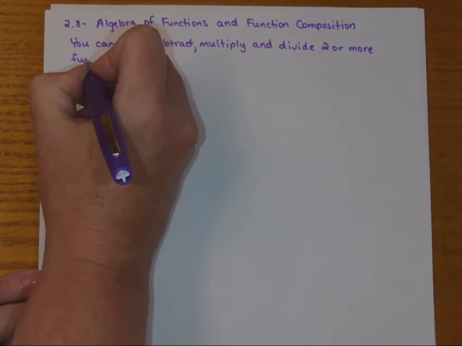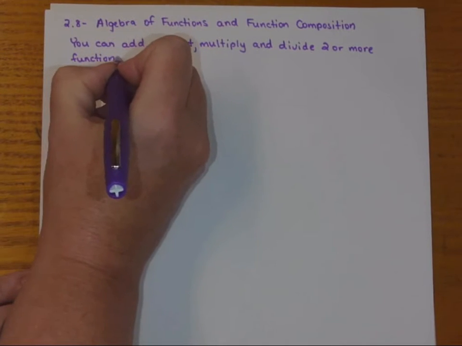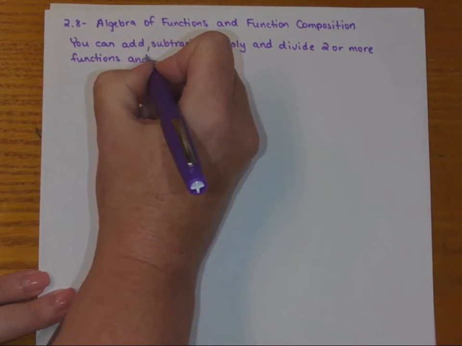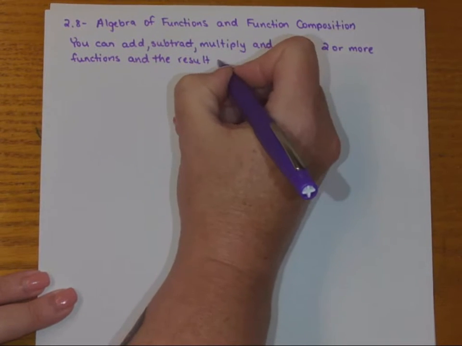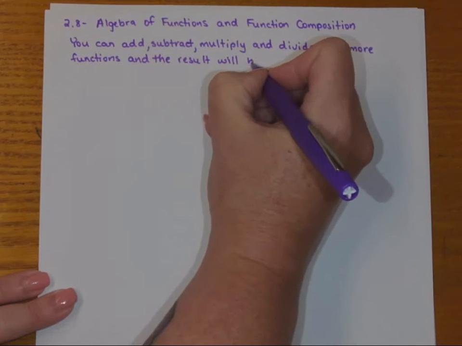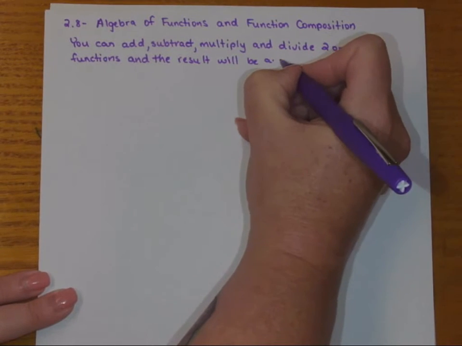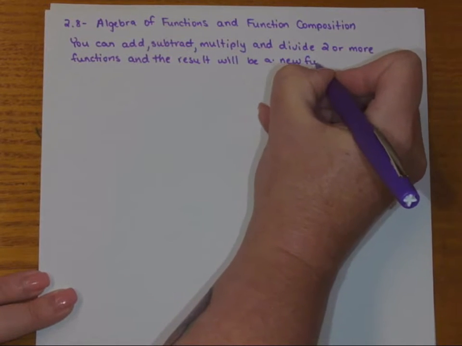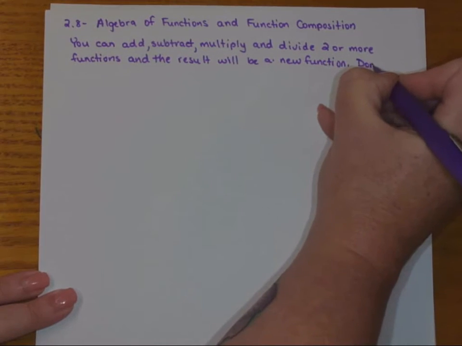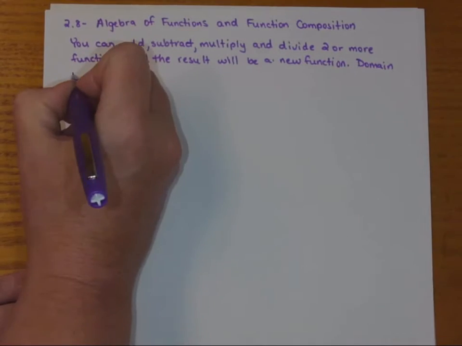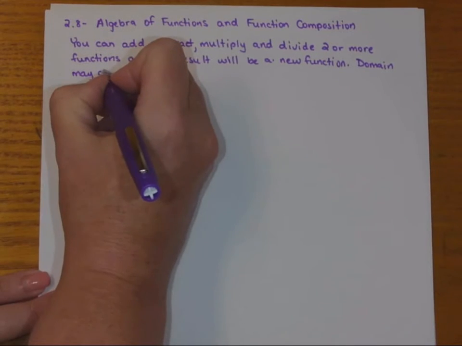And you don't have to worry about when you do these operations that it'll somehow make the result no longer a function. But you do have to be concerned about the domain. So we're just going to say that the domain may change. It may not, but we have to be aware that that's a possibility.